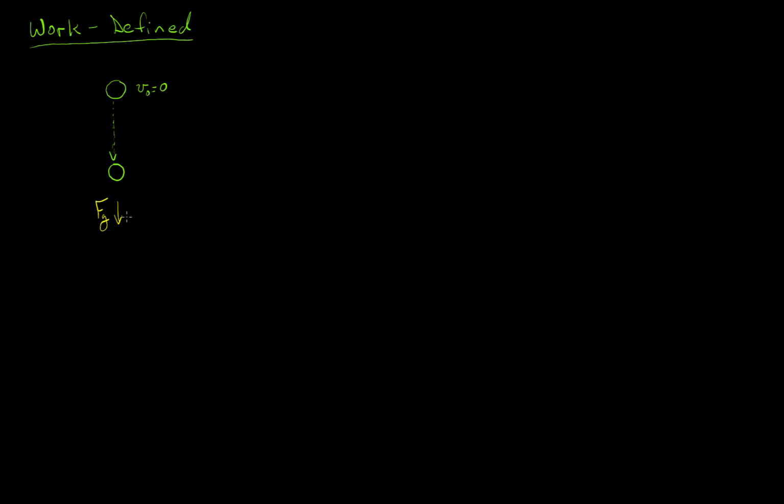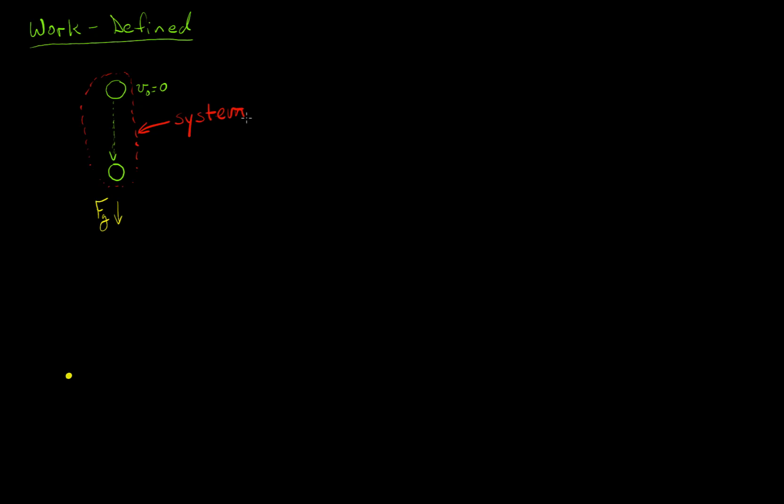Now, for energy and work, what we first have to do is define a system. In this case, the system is probably the ball, right? So I'll just put this dotted line. This is our system. It defines the system.